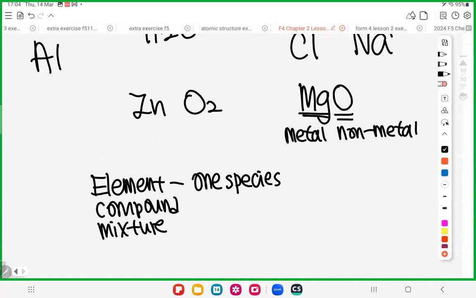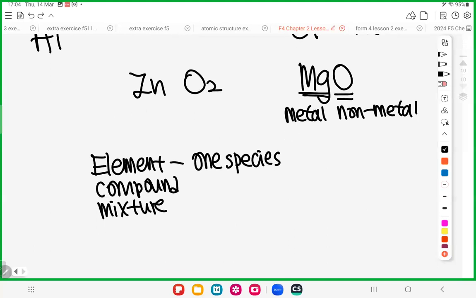Oxygen gas, O2, has 2 oxygen atoms but they are the same species, so it's an element. A compound is a combination of more than one species: 2, 3, 4 or more species combined together.